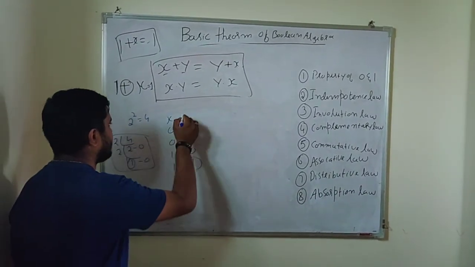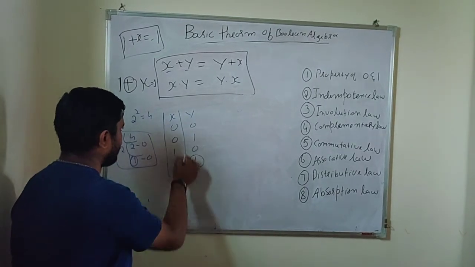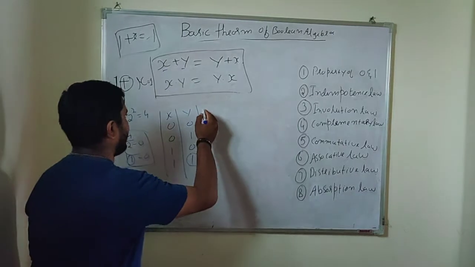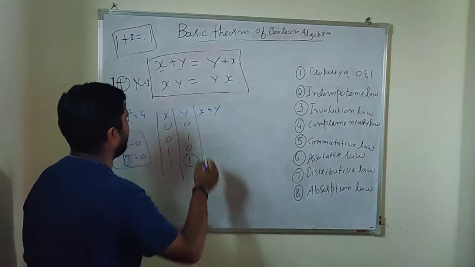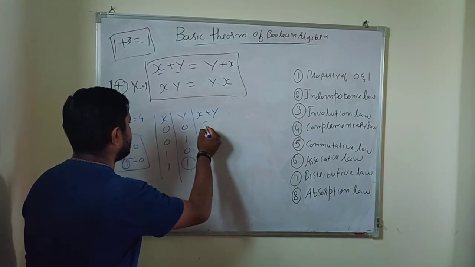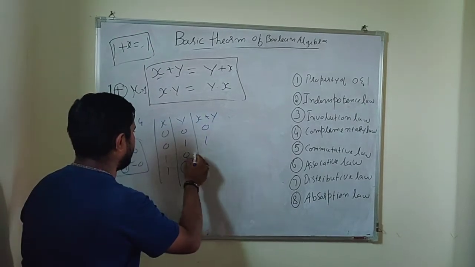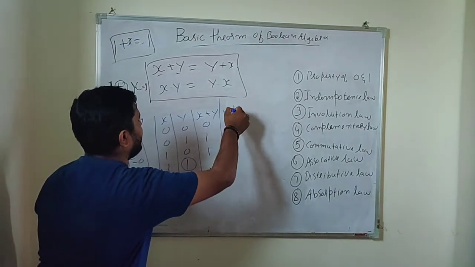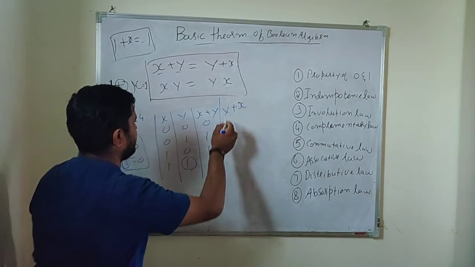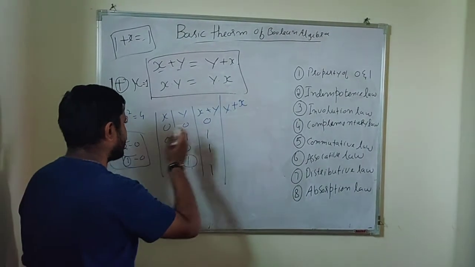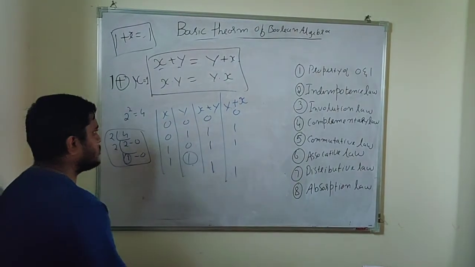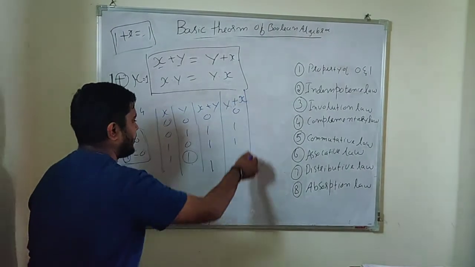So now x and y, then x plus y. 0 plus 0 is 0, 0 plus 1 is 1, 1 plus 0 is 1, 1 plus 1 is 1. Then y plus x is also the same: 0, 1, 1 and 1. So this is how a truth table looks for the commutative law.